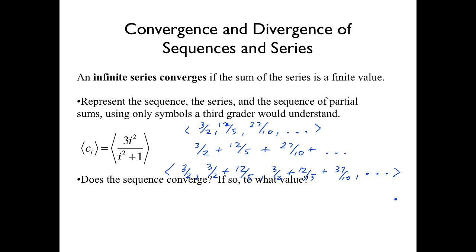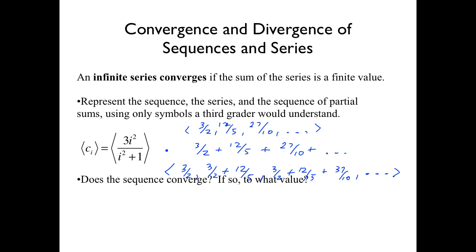Does the sequence converge? If so, to what? So now we can look at the general term, 3i squared over i squared plus 1, and use our analysis techniques. Will the sequence converge? The original sequence. Scott? It will converge because the 3i squared, the plus 1 is basically going to be negligible compared to the i squared values, really large values. So it'll eventually just tend to 3, like 3i squared over i squared. Yes. The 1 will mean nothing when you have really big values.